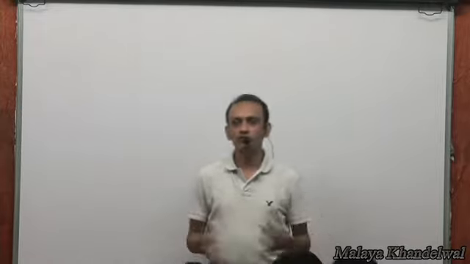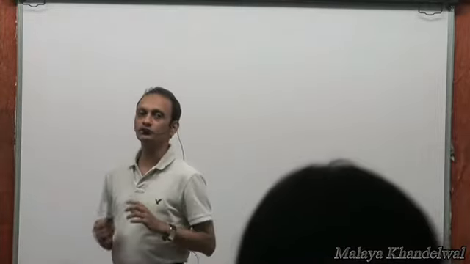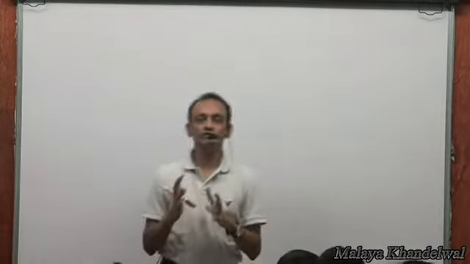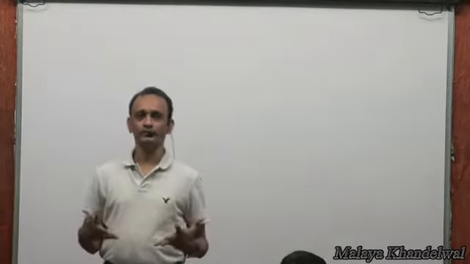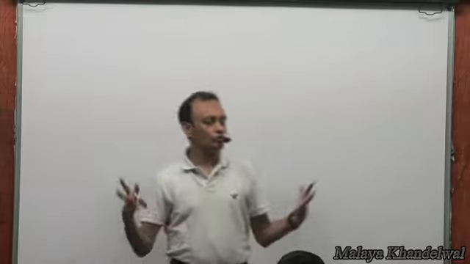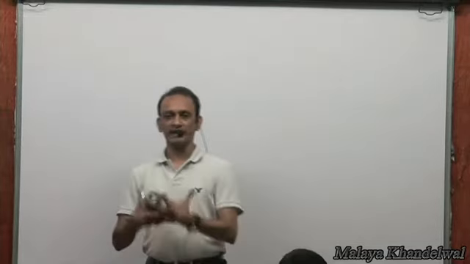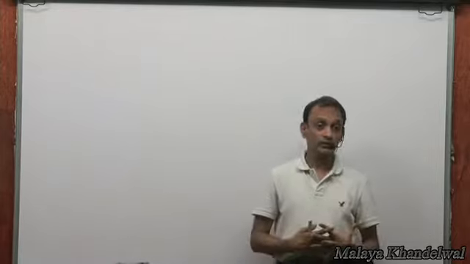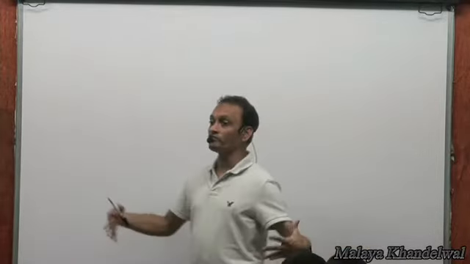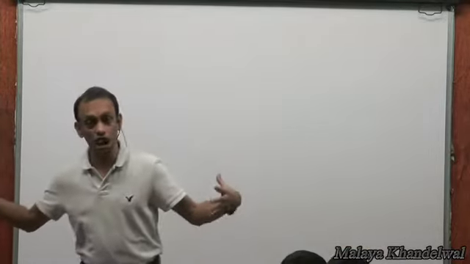Now, over the last few sessions on straight lines, we've looked at the various forms of the equation of a line. The general form, ax + by + c = 0. Then the slope-intercept form, y = mx + c. Then the intercept form, x/a + y/b = 1.